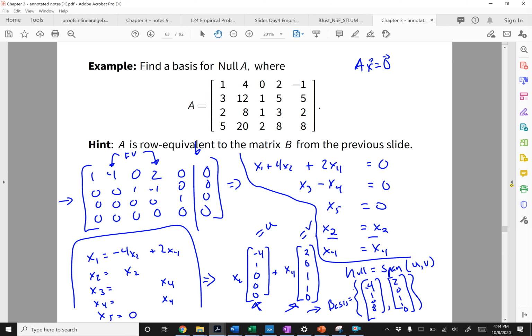If there are no free variables, then the solution is just the 0 vector. But if you have free variables, then continue what we did in chapter 2 to write out the system in vector form, and then the basis is the span of all of those vectors. So those free variable vectors.